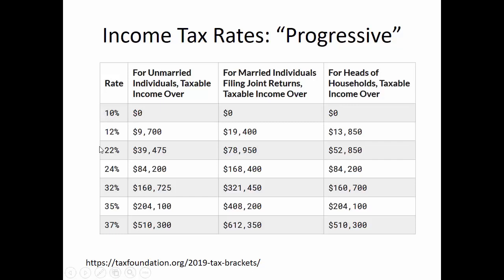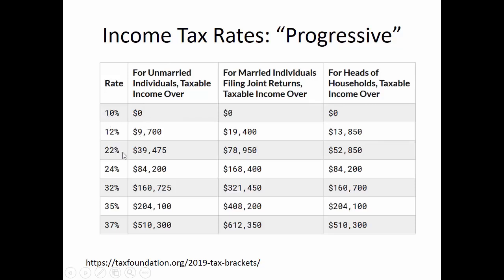So what this is showing is that you pay a 10% rate on every dollar you earn. Let's say that you're unmarried. So you pay 10% on everything up till $9,700. And then the amount above $9,700 you pay 12% on.